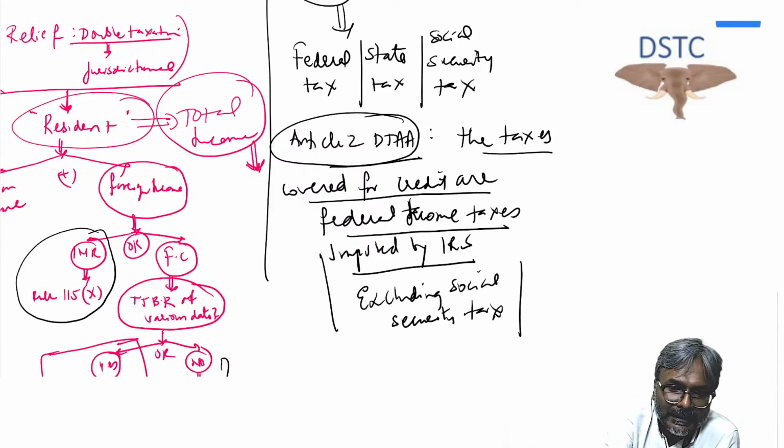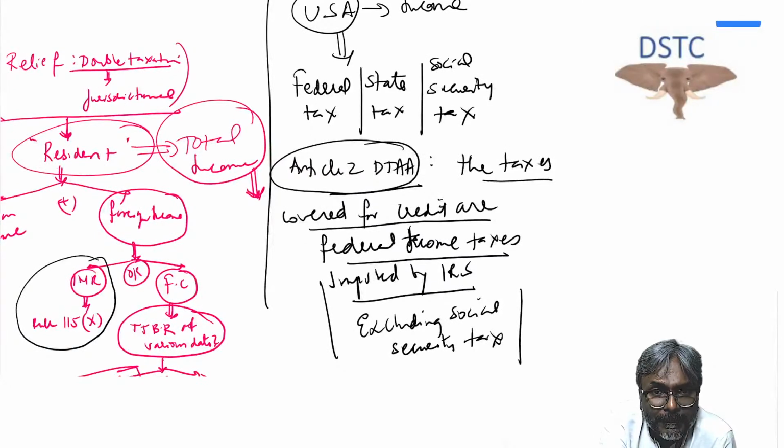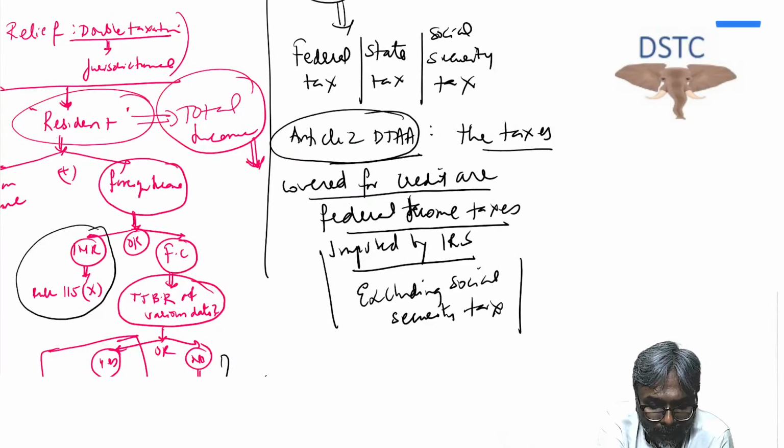Now you tell me, 3 taxes are given to you. Which tax are you going to cover here? In this case, 3 taxes are there. And Article 2 of DTAA has been mentioned to you that as per the DTAA, the taxes covered for credit are federal income tax imposed by IRS, excluding social security tax. What exactly will you be putting across?